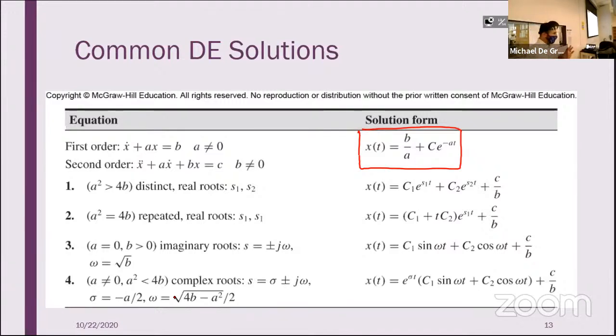There's two other things that can happen here. We can have imaginary roots, right? So if we have a system with imaginary roots, then we get something that's a function of sines and cosines.